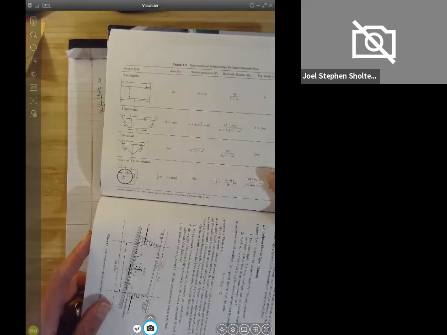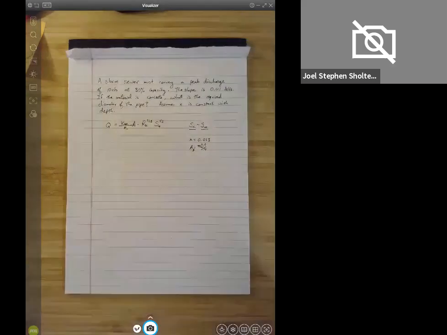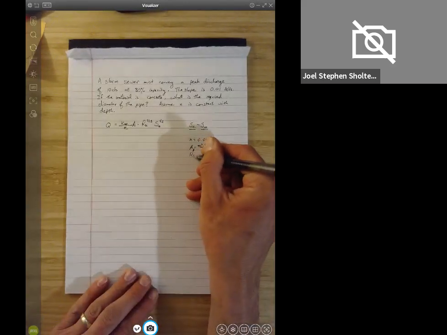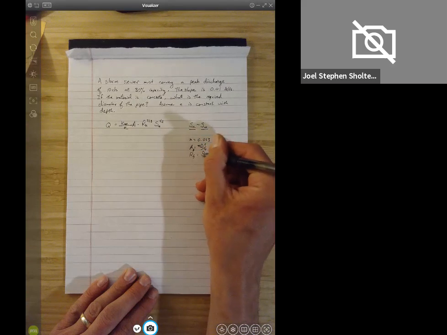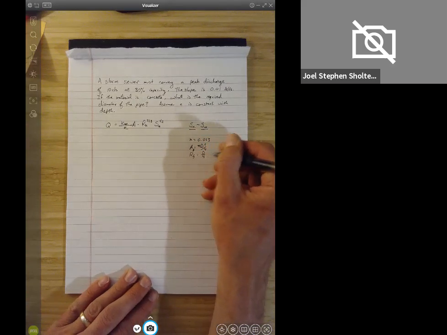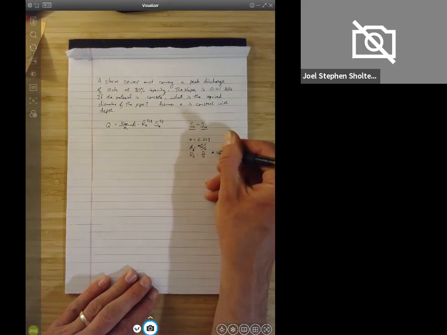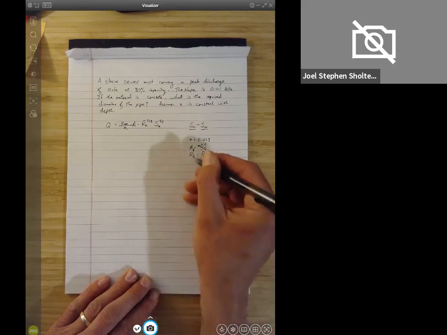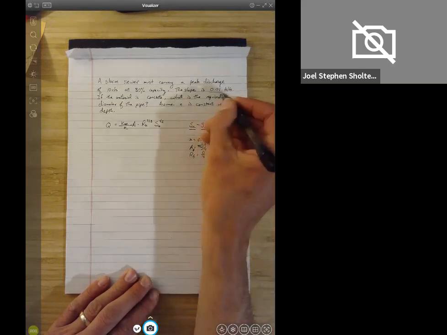It's in this table 6.1. We're not going to go there. So we're going to use a nomograph. So area full, hydraulic radius full is equal to D over 4. And remember that hydraulic radius is area over the wetted perimeter. And then our slope is 0.01.